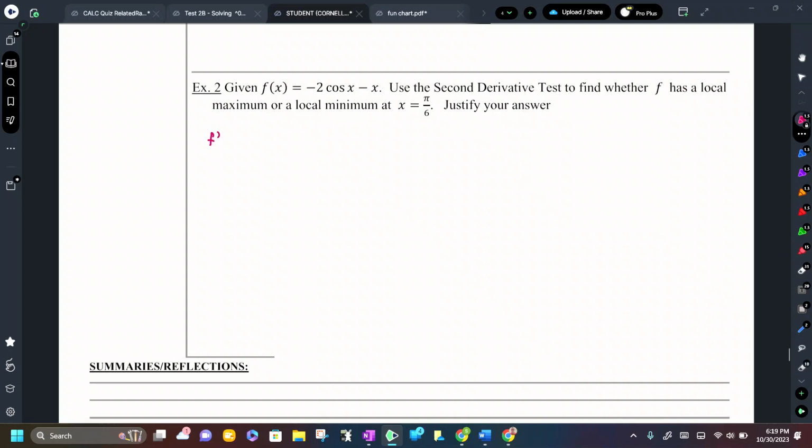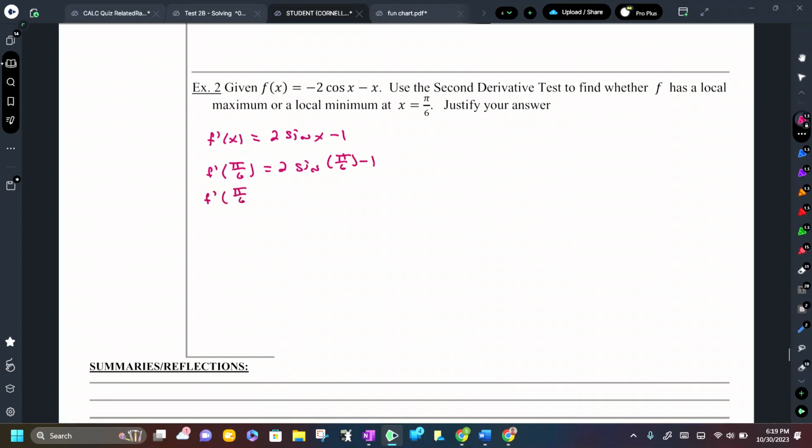The first derivative, f prime of x, would be the derivative of negative 2 cosine of x, which is 2 sine of x, and the derivative of x would be minus 1. Now we found the derivative. We need to evaluate it at this point and see if this thing is 0. So f prime of pi over 6 is equal to 2 sine of pi over 6 minus 1.